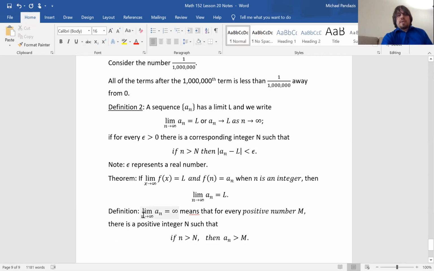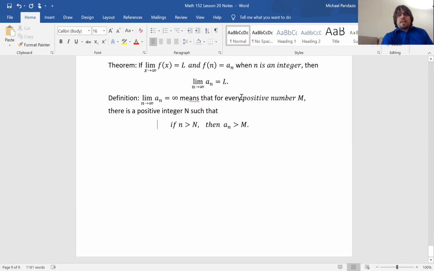Okay, so definition. Limit as n approaches infinity of a sub n equals infinity means that for every positive number capital M, there's a positive integer capital N, such that if little n is greater than capital N, then a sub little n is greater than capital M. That means that saying that the limit of your sequence is infinity means that for any value of capital M you choose, positive, eventually all the terms of your sequence will be of height larger than that capital M. Okay?